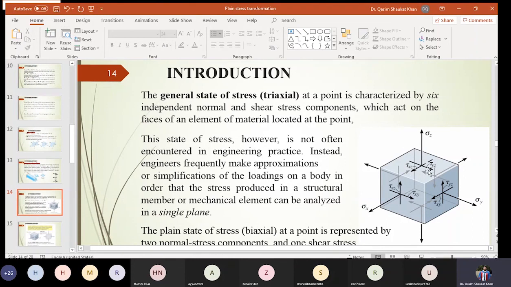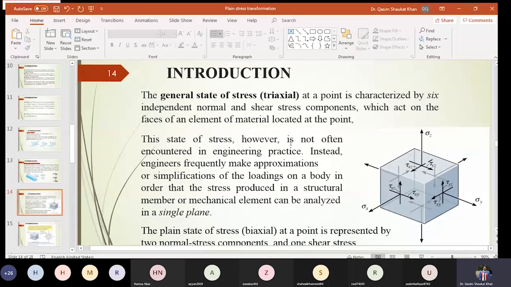So you have three different normal stresses and three shear stress components. So this general state of the stress at a point is characterized by three normal stresses: sigma x, sigma y, and sigma z, and three shear stress components: tau xy, tau xz, and tau yz, which act on the faces of the element of the material located at the point.